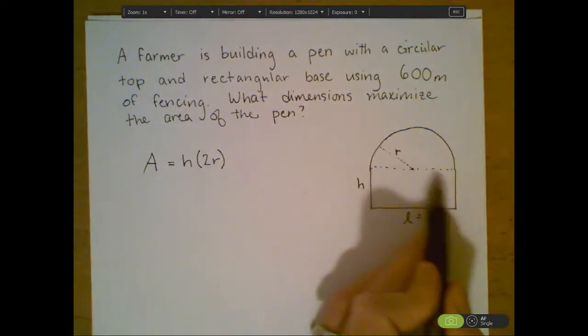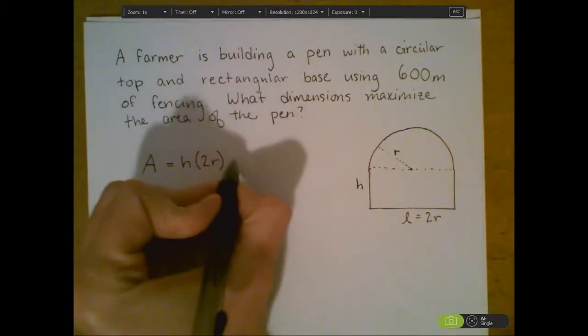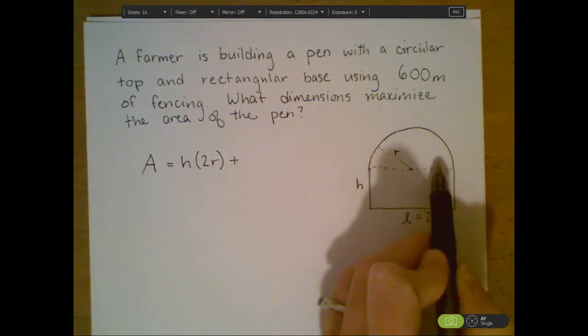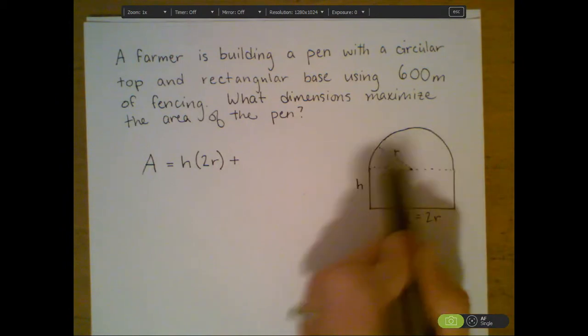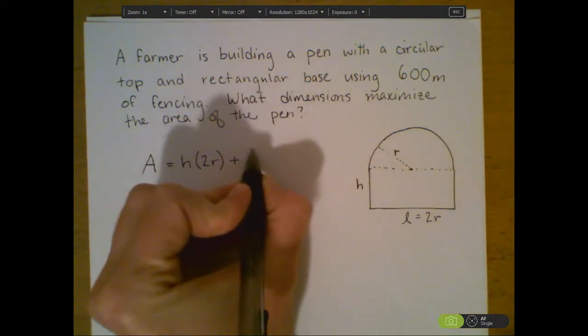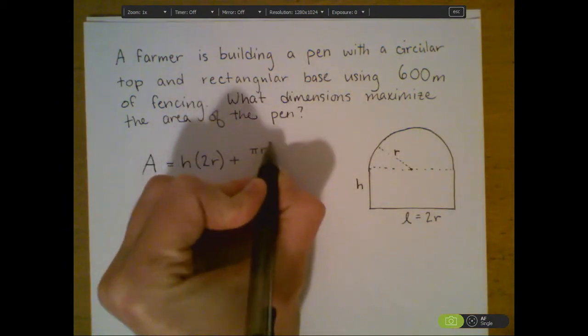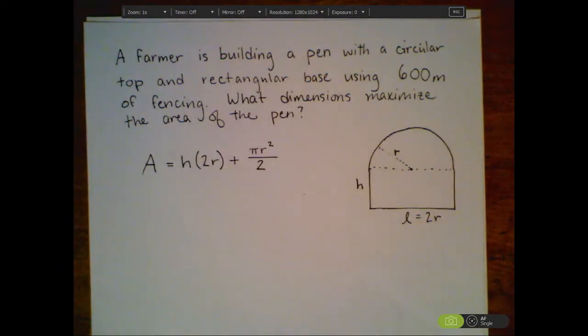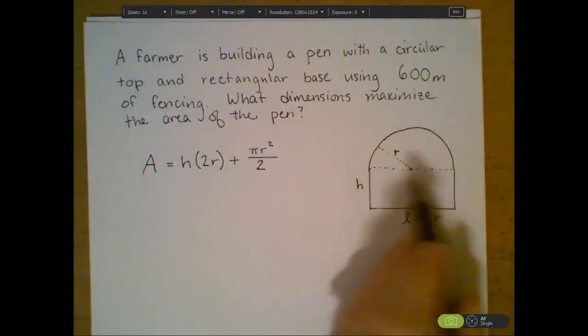That's the area of this bottom part. But I also need the area of the top semicircle. Recall the area of a circle is pi r squared, but I only want half of the circle, so I'm going to have pi r squared divided by 2. So I've come up with an equation for the area of the pen.